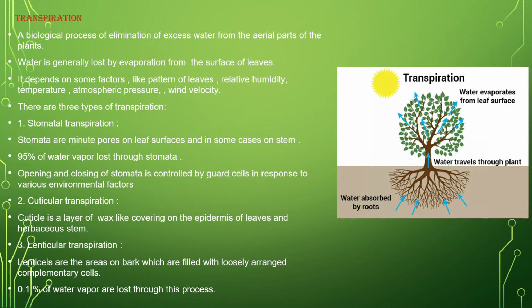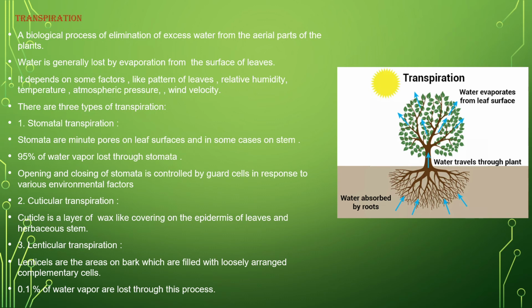Now come to transpiration. What do you mean by transpiration? Plants absorb a lot of water from soil through root hairs, and some amount of this is used in its metabolic function.